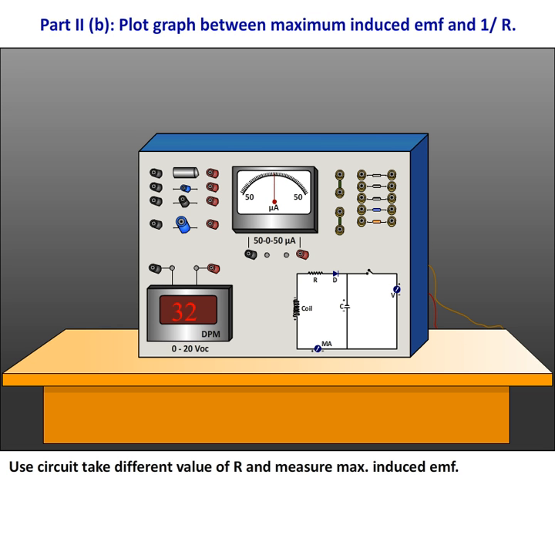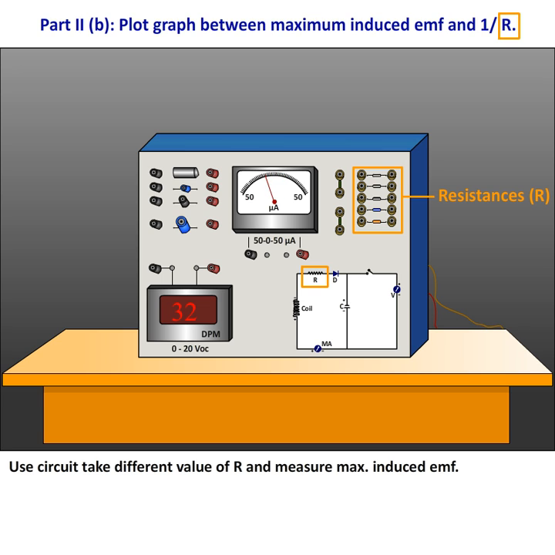In this part, we will find the relation between induced EMF and 1/R, where R is the resistance used in the circuit. We use the same circuit as mentioned in the last part and take different values of R, where R is the resistance.